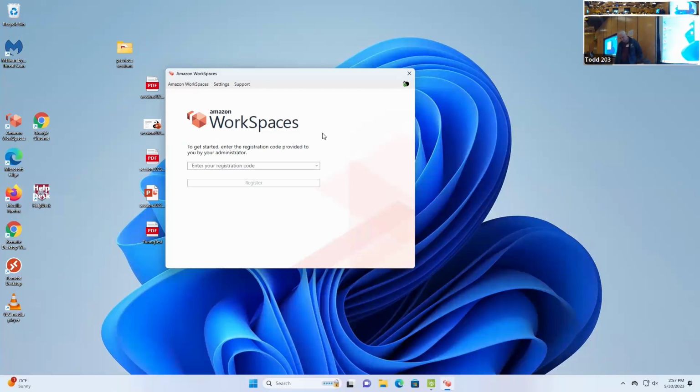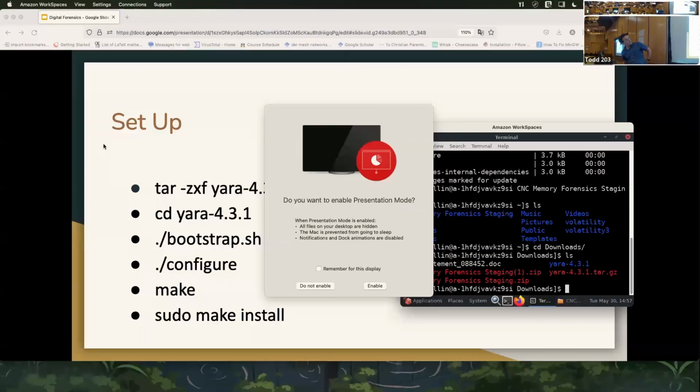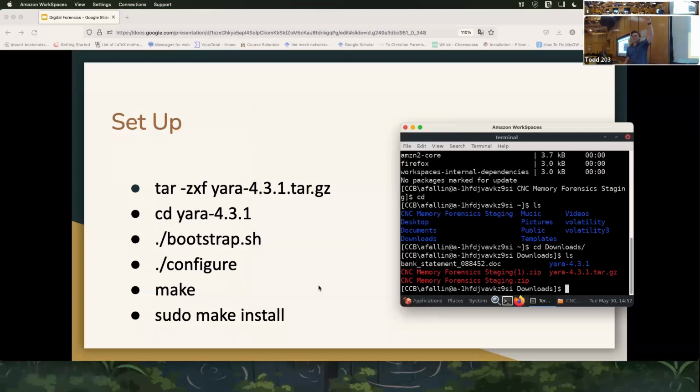So now we should be able to cd into Downloads. There it is. Yeah. Then I need to look at it. And then I just did the tar command for it. Has everybody made it this far? Yeah.